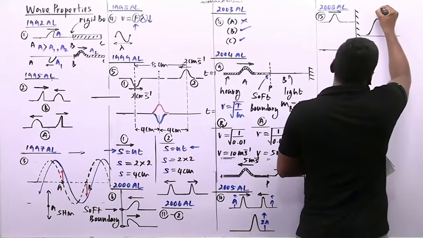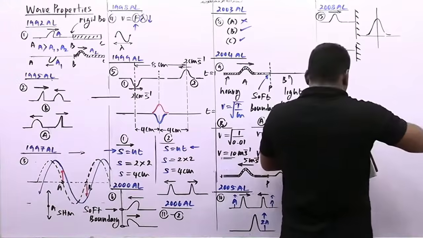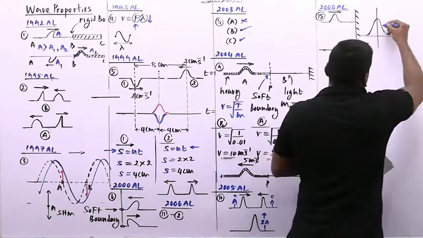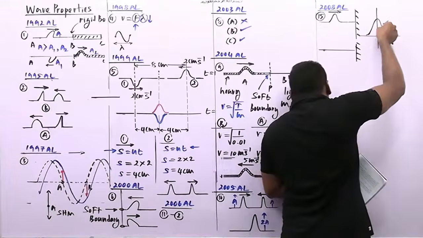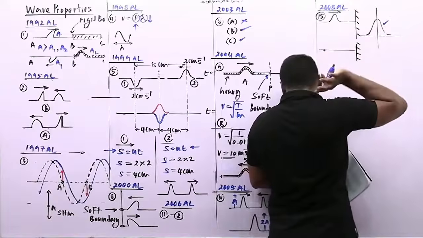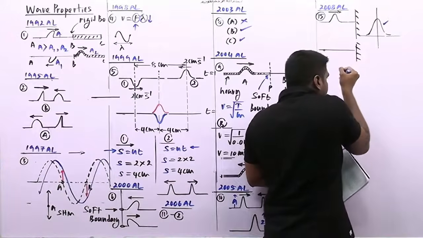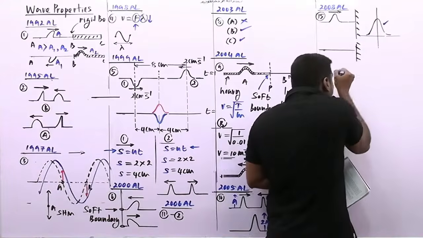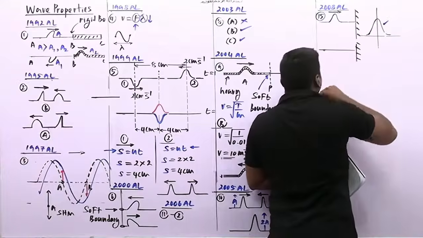Only the first half of the pulse has reached the rigid boundary and is reflected from it.